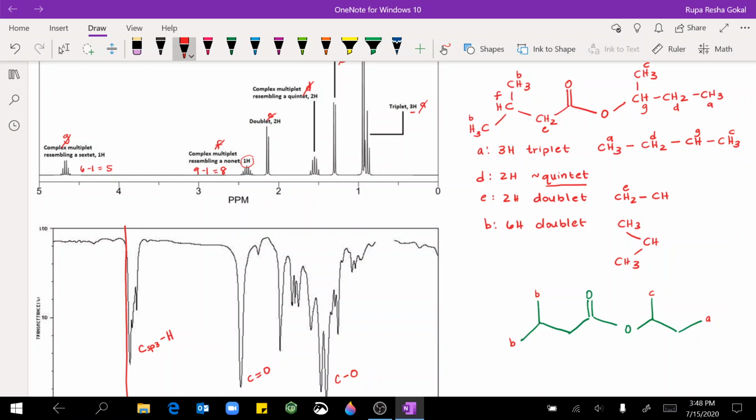Then I go to my CH2s. There's my D, and there's my E. Okay. Now E, notice, is further shifted than D because E is next to the carbon of a carbonyl, and D is simply not next to any perturbing group or atom.